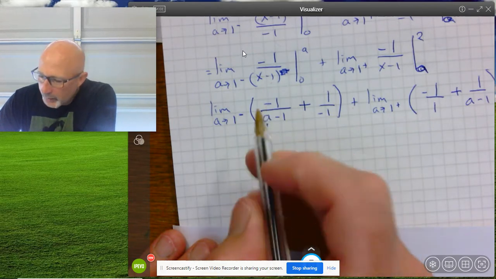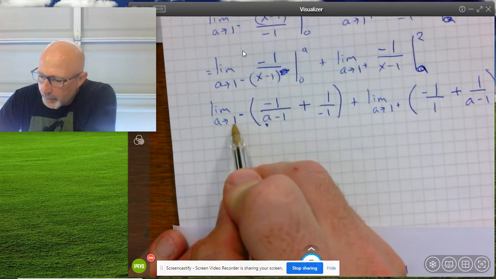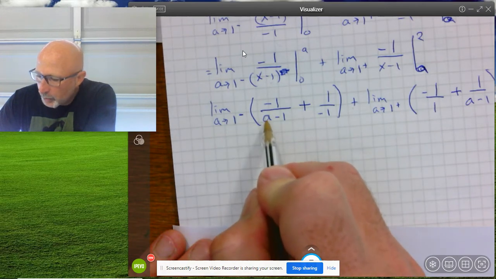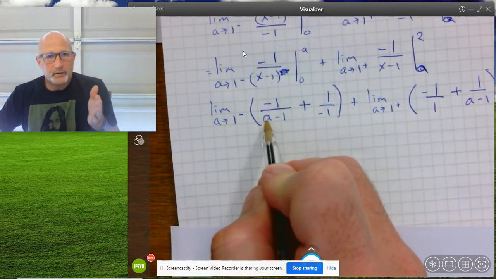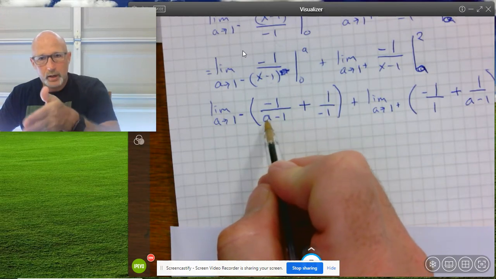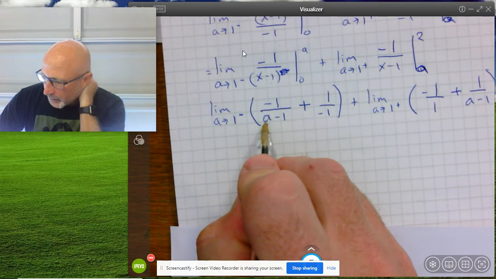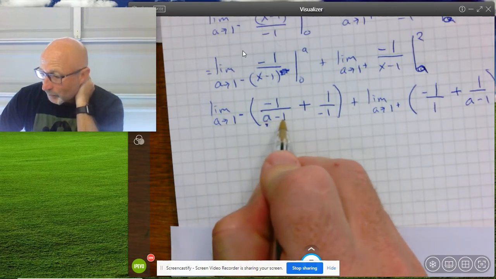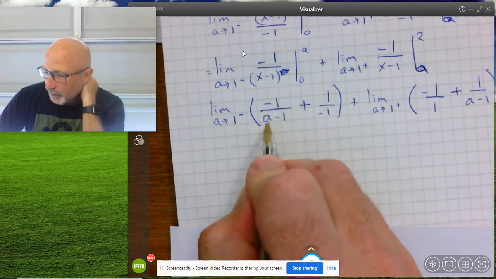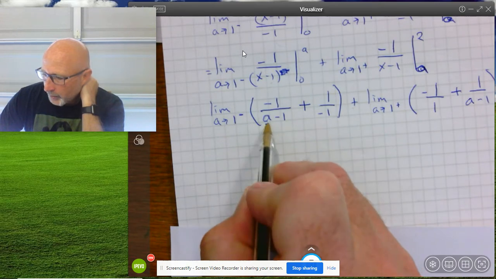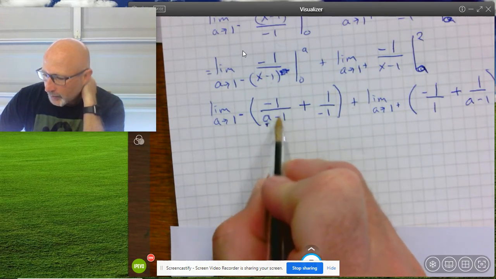Okay, let me say that again. So a is going to go to 1 from the negative side. So this is going to go to 1, but it's going to go to 1 as like a half, 3/4, 0.8, 0.9, 0.99, and so on. So this is going to get infinitesimally close to 1, but it's never going to hit it. And so this value is always going to be less than this.